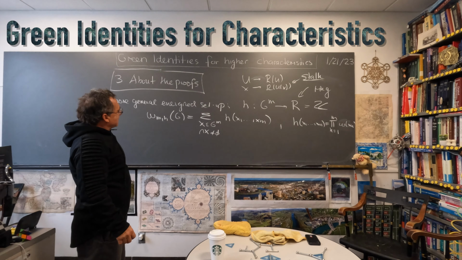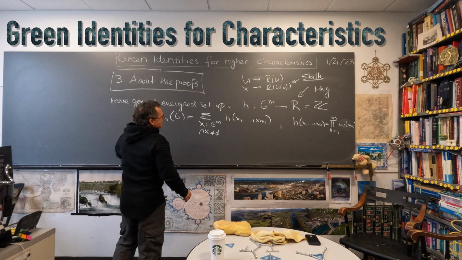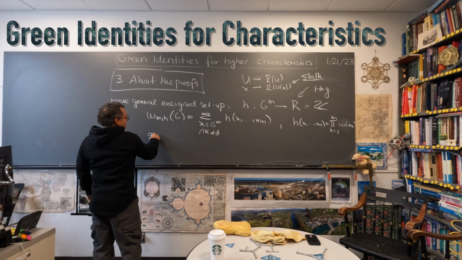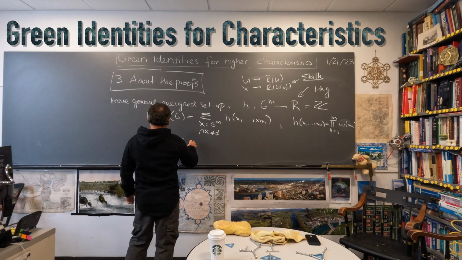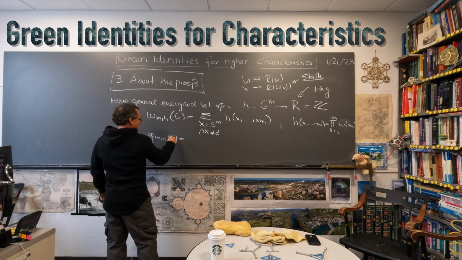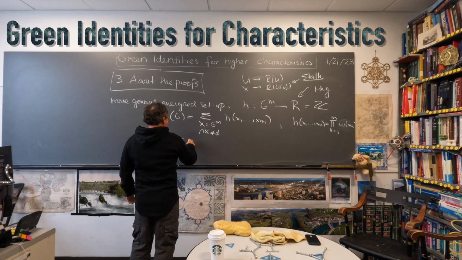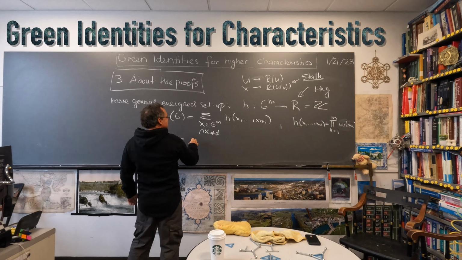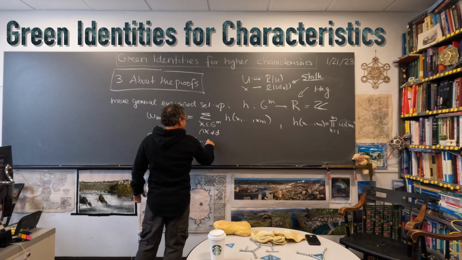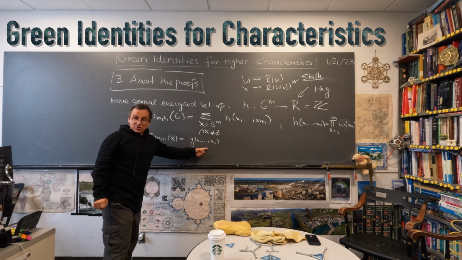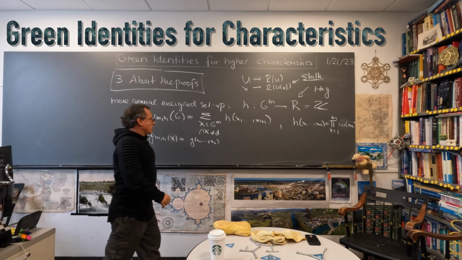So then we have the G m H. G is defined the same way, so this is G of x1 to xk, a function of k variables. That's then just defined as the omega of x.